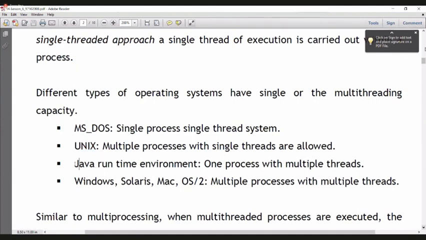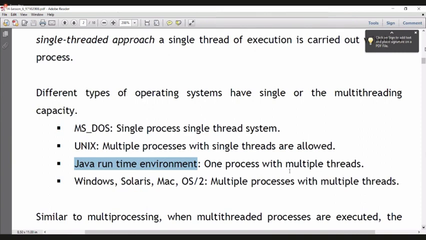Then we have something called, I think you are familiar, the Java runtime environment. In that case, you are running only one process, but you can run multiple threads of it. That is what the Java runtime environment supports. Same program, same process, you can run many different threads.